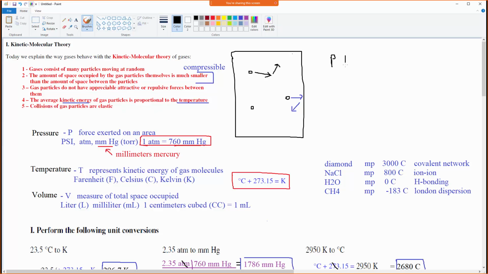Remember, Boyle's law says that as pressure increases, volume decreases, or you could say as volume increases, pressure decreases. So how can you explain this Boyle's law observation using what we know about the kinetic molecular theory?